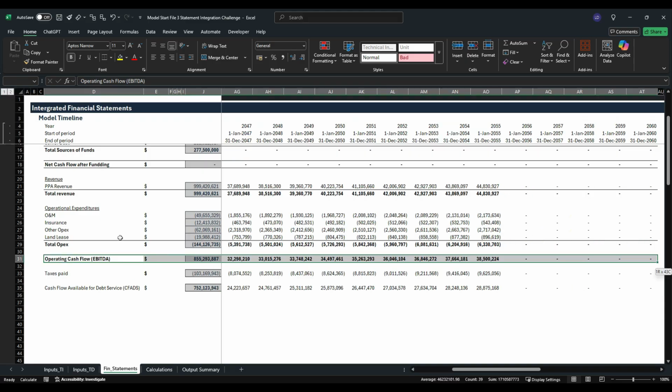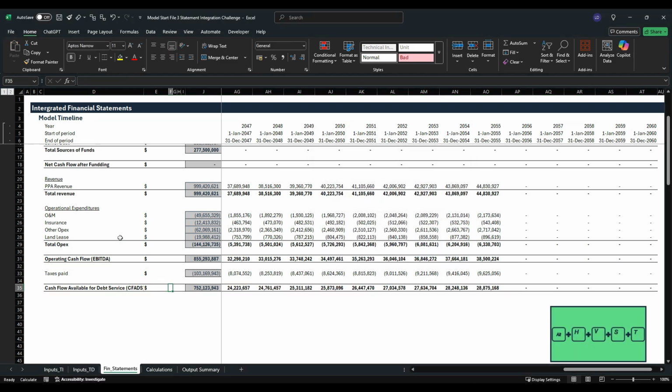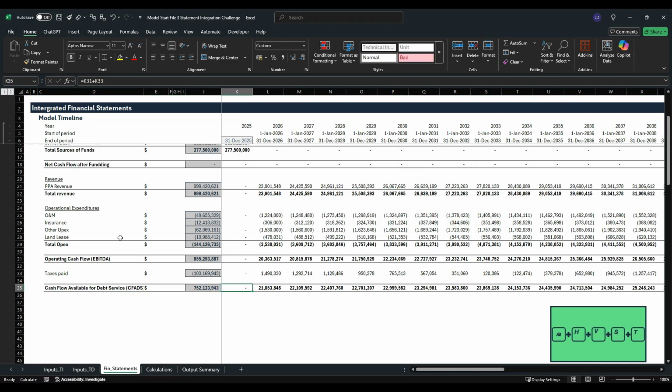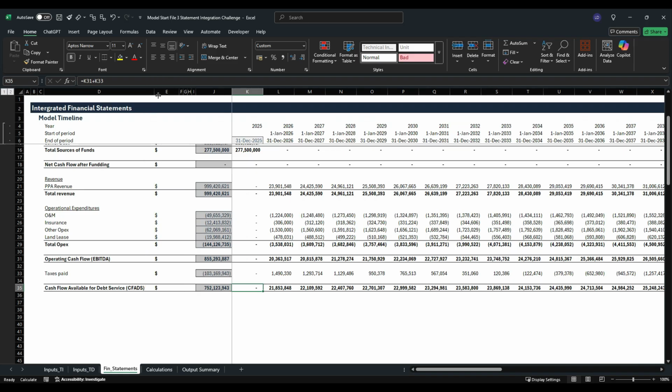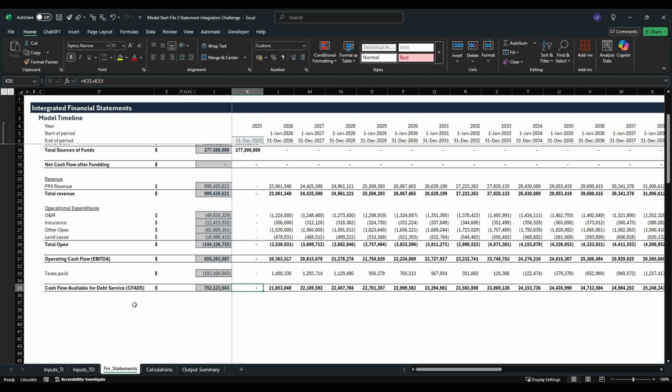Let's pick up this style up here, copy this, paste format special. Let's give this column some more room. And this leaves us with $752 million in CFATs, which aligns with our result we got here. Okay, now that we have our CFATs, we can model our senior debt.